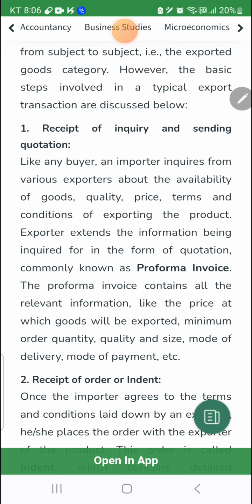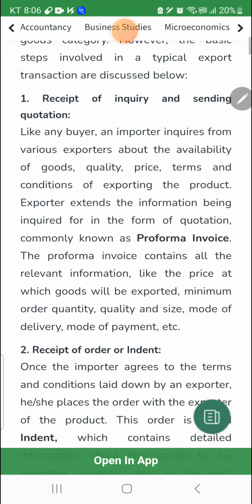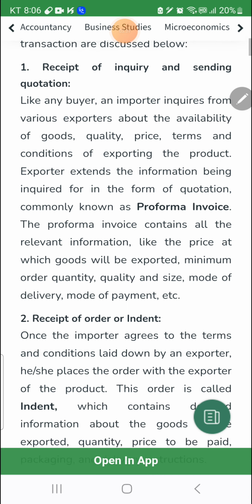Like any buyer, an importer inquires to various exporters, right? Not from. That's a mistake. So, like any buyer, an importer inquires to various exporters about the availability of goods, quality, price, terms, and conditions of exporting the product.